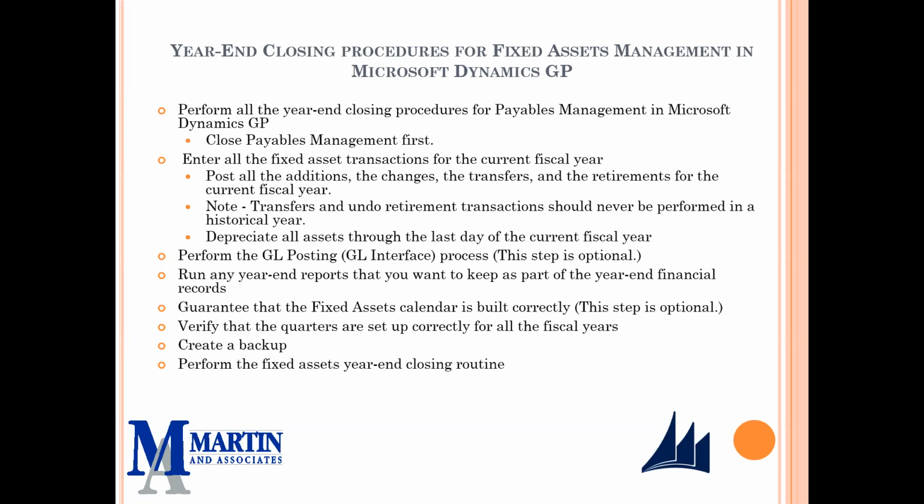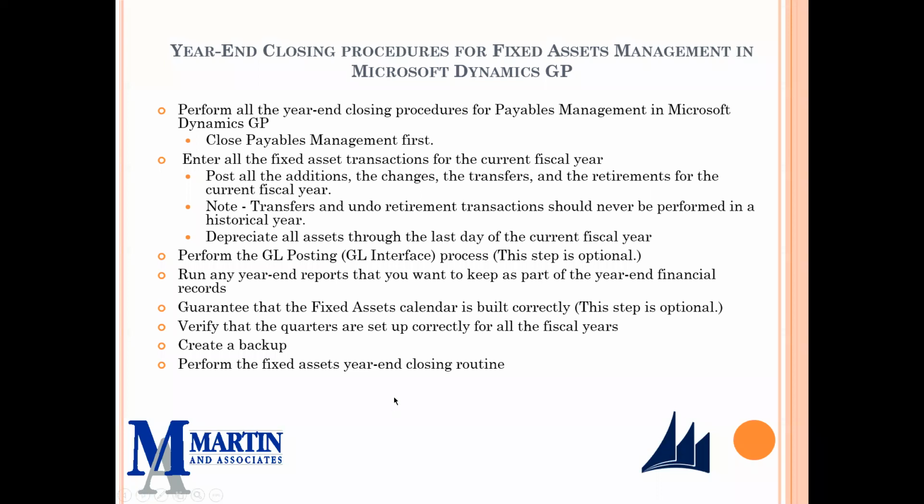It never hurts to go in when you're dealing with fixed assets to make sure your calendar is built correctly, which it should be anyways, but in the off chance that you limited your fixed asset calendar to end in 2019, you're going to have to adjust that so you can have a 2020 fiscal year, calendar year. Make sure your quarters are set up correctly, which should be done from the beginning. And then do your fixed asset year-end closing routine.